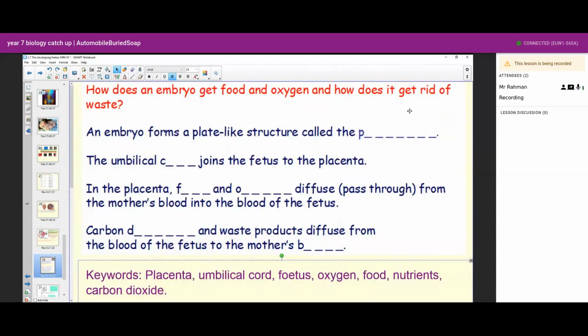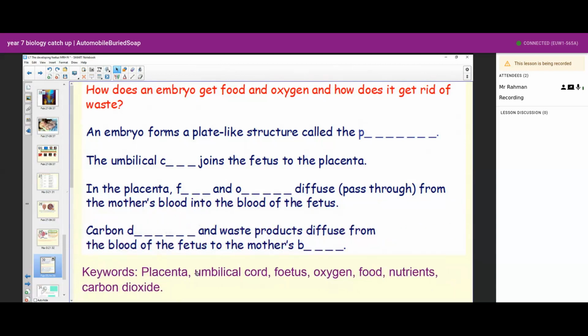I want you to read through the gap fill and write down which words you think go in the gaps from the keywords at the bottom. The question is, how does an embryo get food and oxygen, and how does it get rid of waste? An embryo forms a plate-like structure called... You can pause the video and have a go yourself and then play it once you're ready to go through the answers.